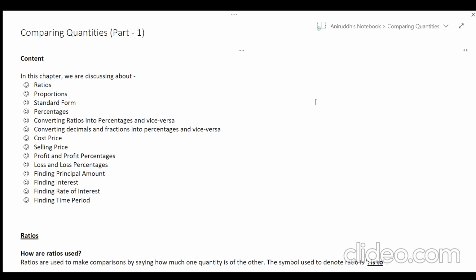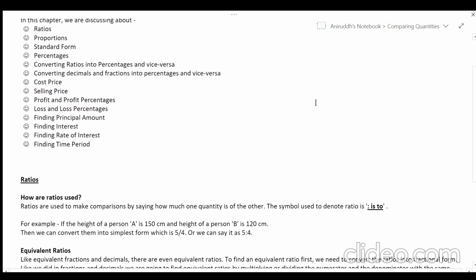In this video, we'll discuss ratios and proportions. Ratios. How are ratios used? Ratios are used to make comparisons by saying how much one quantity is of the other. The symbol used to denote ratio is a colon, which is read as "is to".